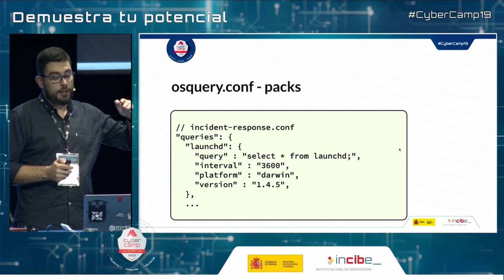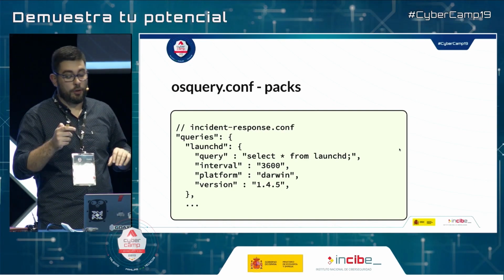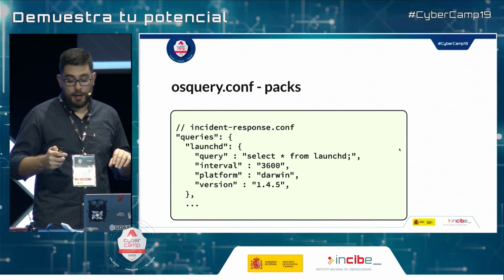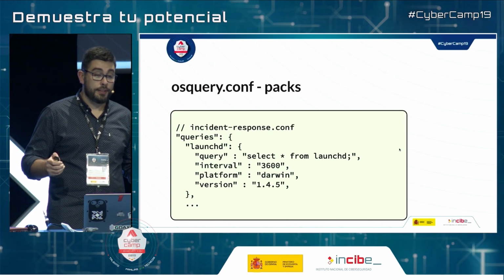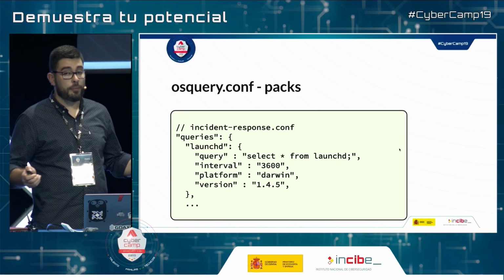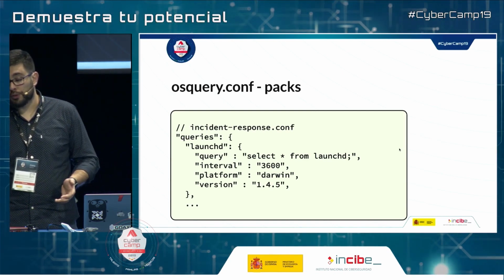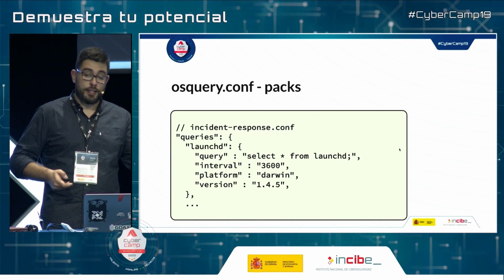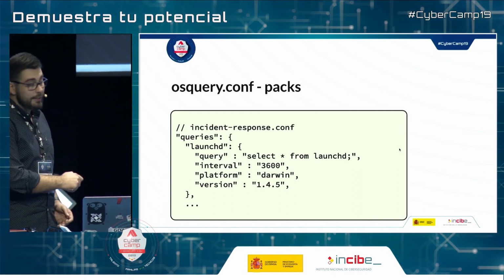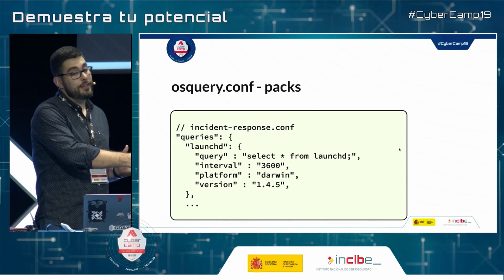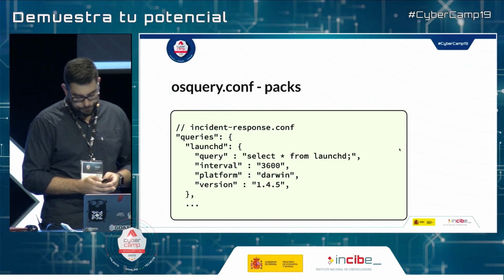You just add the name of the pack, then the queries, and on the query you would add the name, then the interval for the query, and then you also have an additional field which is osquery version, because you might have an infrastructure which is very fragmented and you have different versions of osquery installed. You might have a version which does not have the latest tables that have been added to the other versions of osquery. So, for example, in this case, the query would say execute this table only if it is in this osquery version.